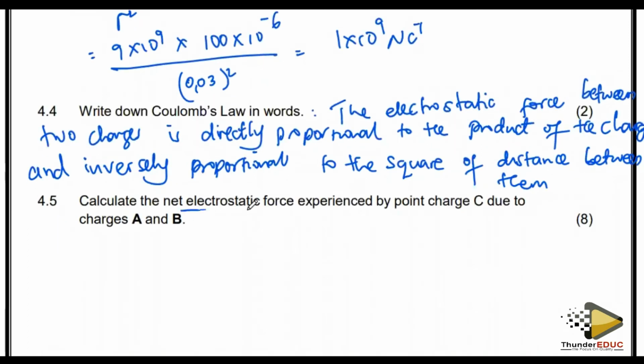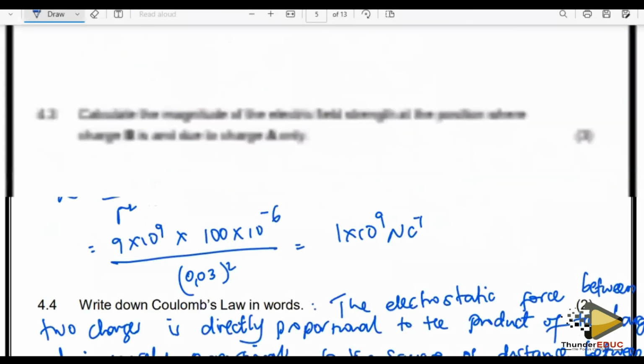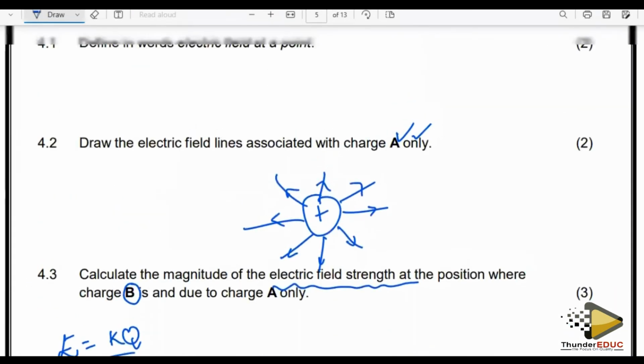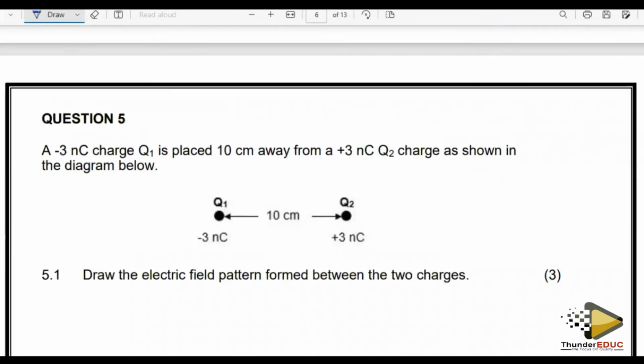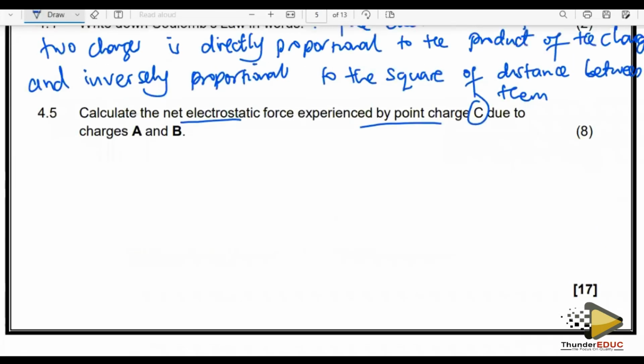Then they want us to get the net electrostatic force experienced by point charge P as a result of A. So they want the force because of P and because of A. Okay, so I'll just kind of draw that for my convenience. Here's the 3 and the 4.